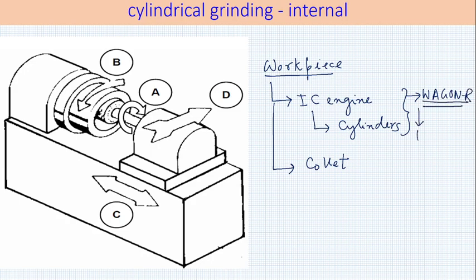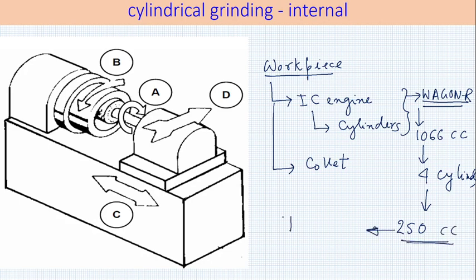Its engine size is 1066 cc and that has 4 cylinders. So roughly each cylinder is 250 cc. So from that you can understand what would be the internal diameter.